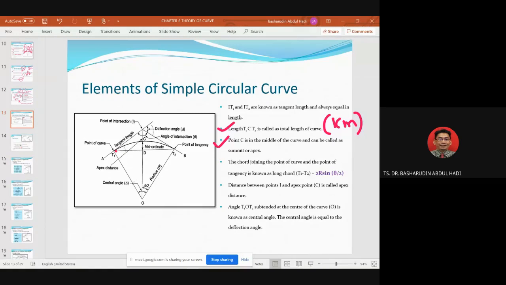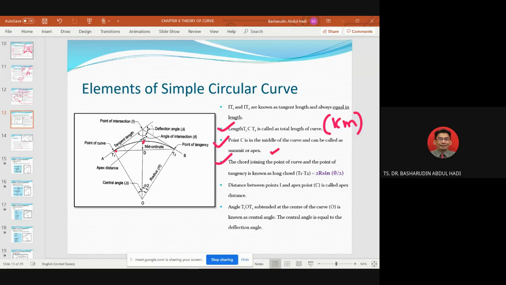C is the center of the curve. Sometimes we call it the apex or summit, even though this is the horizontal curve. But graphically, this one is something like a crown. It's on the top.